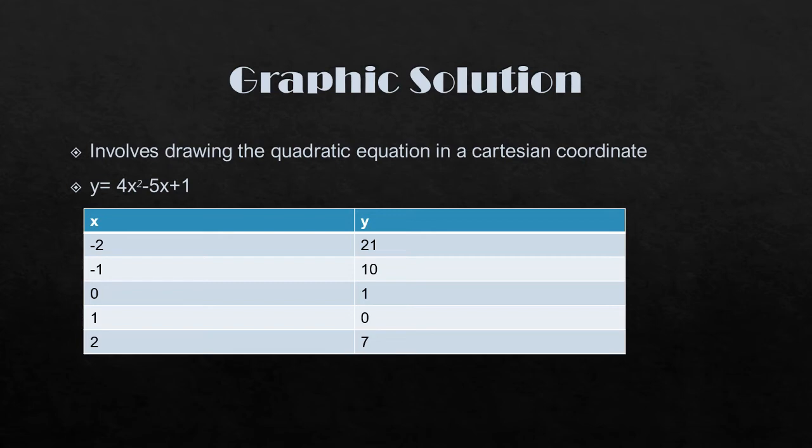After we take the x values, we substitute these x values into this equation. So for example, if x is equal to negative 2, then y is equal to 4 multiplied by negative 2 squared minus 5 multiplied by negative 2 plus 1 equals 21.